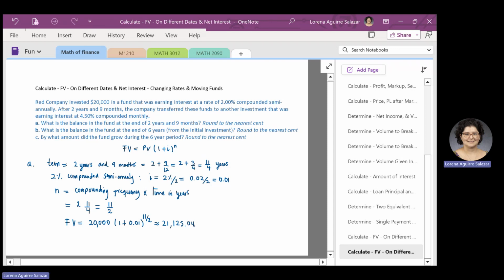So therefore, the balance in the fund at the end of 2 years and 9 months was about $21,125.04. Okay.